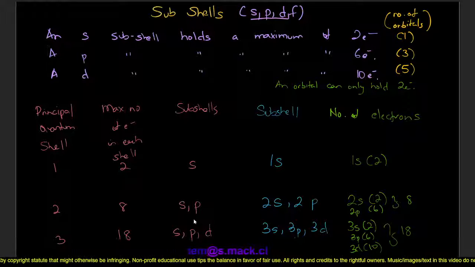Each shell consists of a different number of subshells, where if we add the number of electrons found in each subshell, this will give us the total number of electrons found in a shell, which is, for example, 2, 8, 18. But we must understand that a subshell consists of orbitals, where each orbital can hold no more than 2 electrons.